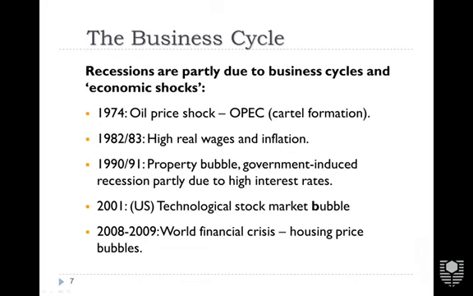In 1982-83, high real wages and inflation were another problem. There was a continuous increase in real wages, and hence there was inflation. In 1990-91, there was a property bubble, and in 2001 a technology stock market bubble. And again in 2008-09, which we are all aware of, the recent recession was the world financial crisis, and there were housing price bubbles as well.